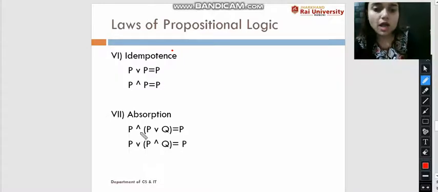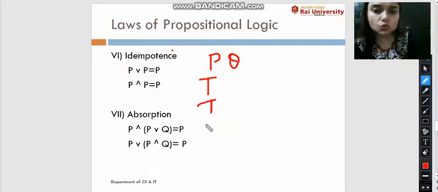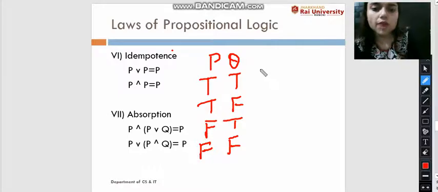Let's prove the absorption law. Here we have P, here we have Q. P is true, true, false, false, and Q is true, false, true, false. First we have to find P or Q: true, true, true, false.